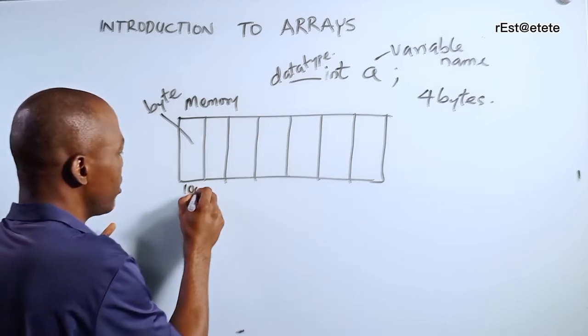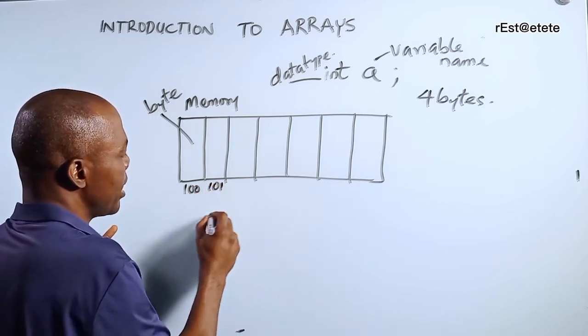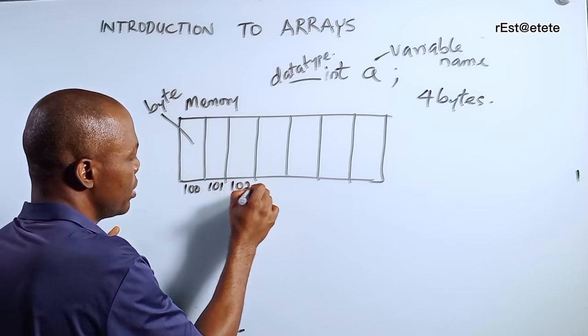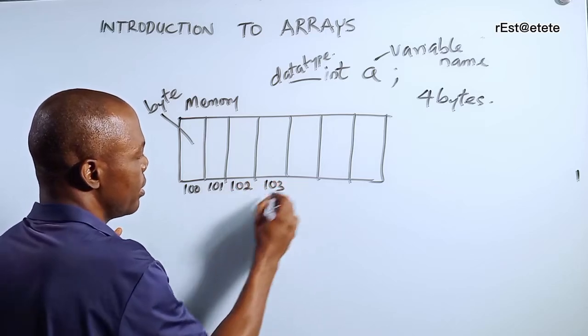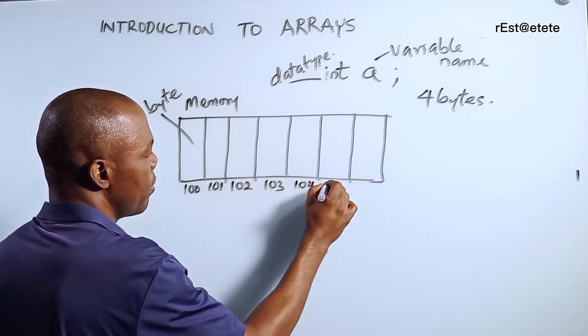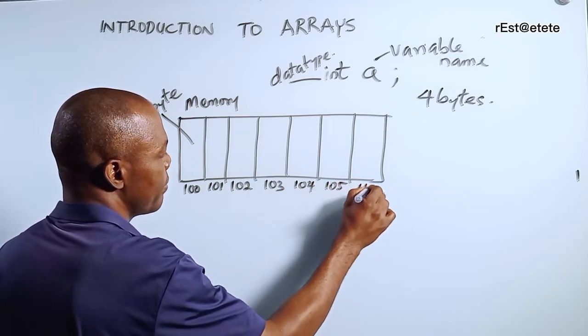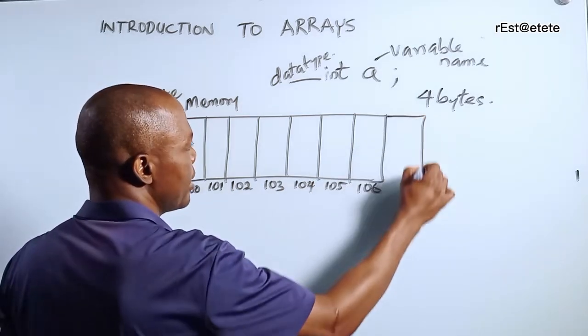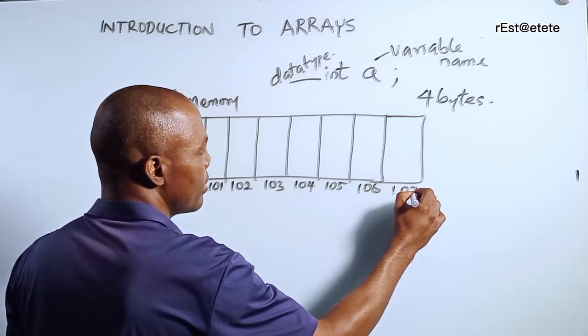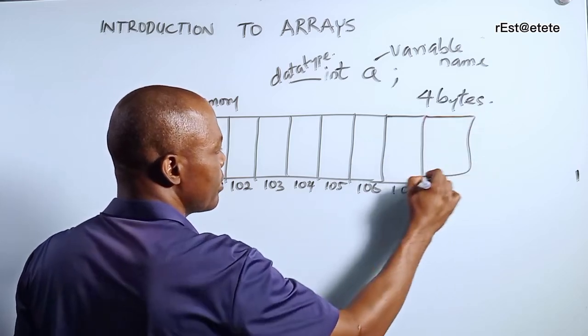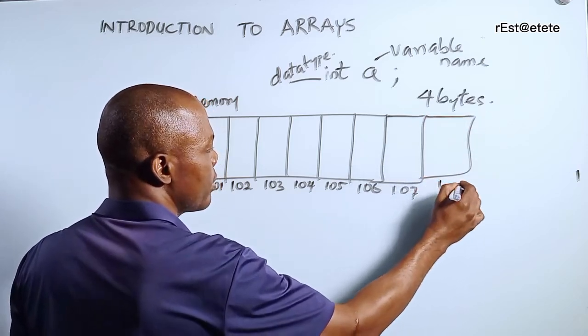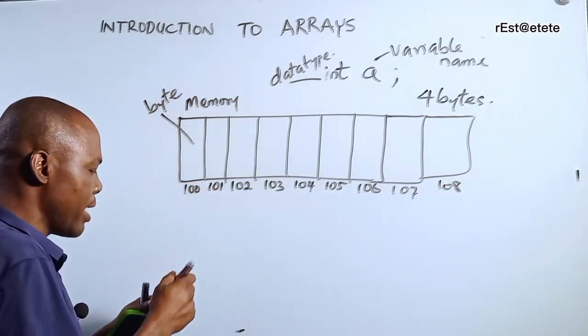So this one, I will say 100. This one will be 101, this will be 102, 103, 104, 105, 106, 107, 108. Now let's leave it at that.